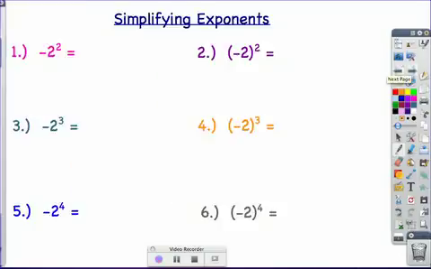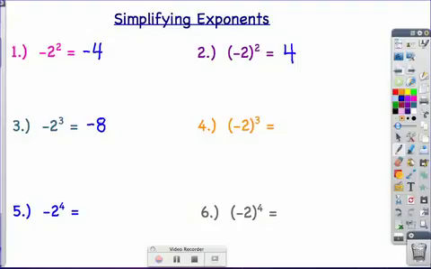Number 1, -2 squared is -4. Number 2, since the -2 is in parentheses, I am raising -2 to the second power. -2 times -2 gives us +4. Number 3, -2 to the third. 2 to the third is 8, and I'm taking the opposite, so -8.